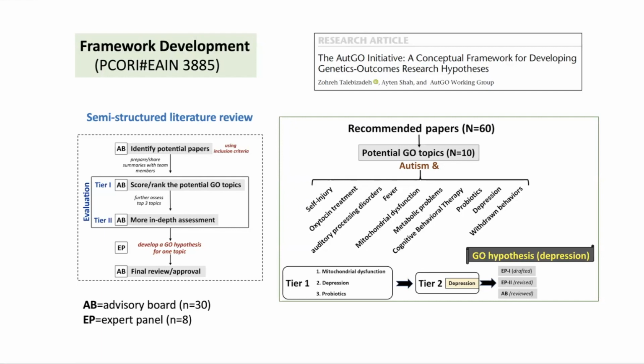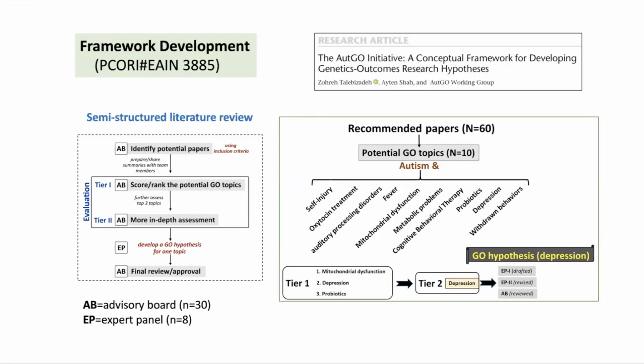Using the inclusion criteria, 7 ABA advisory board members recommended 60 papers, from which 10 potential geo-hypotheses were identified for the topics listed in this figure. Participants elevated 3 of these topics for further consideration.